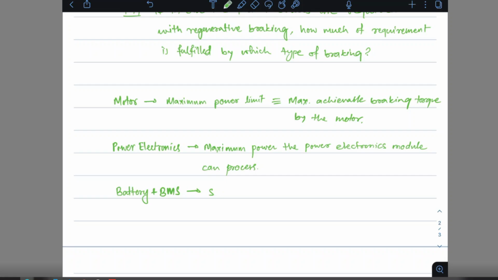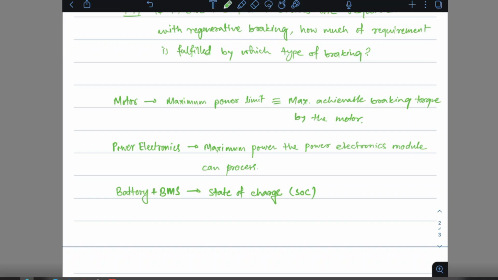State of charge is essentially the percentage of battery, like we by and large look at on our phone.